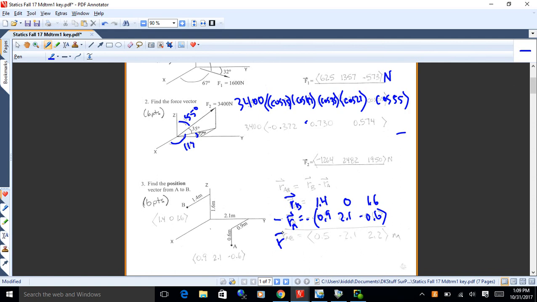So what you get there for the position vector from A to B is 0.5, negative 2.1, and 2.2, okay? Like so. So that's the first page there. So we got any questions on that?